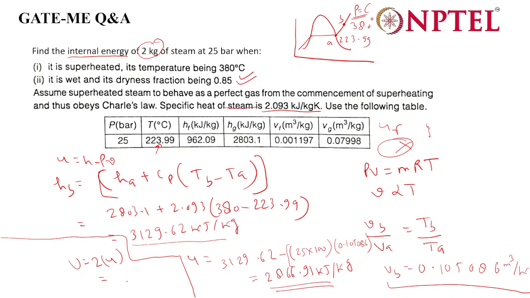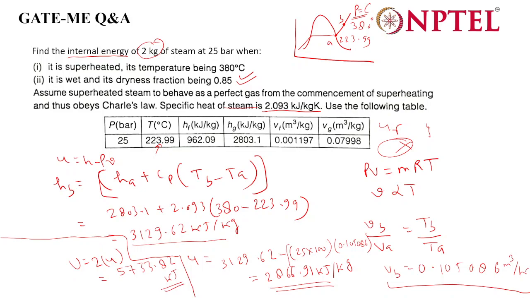No, multiply this with 2. So it would be approximately 5600, I think. I'm telling the total answer. The total is 5733.82. It would be the correct answer.